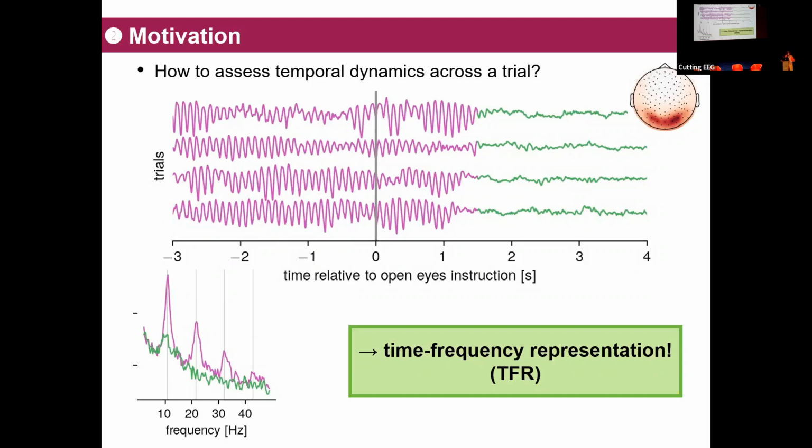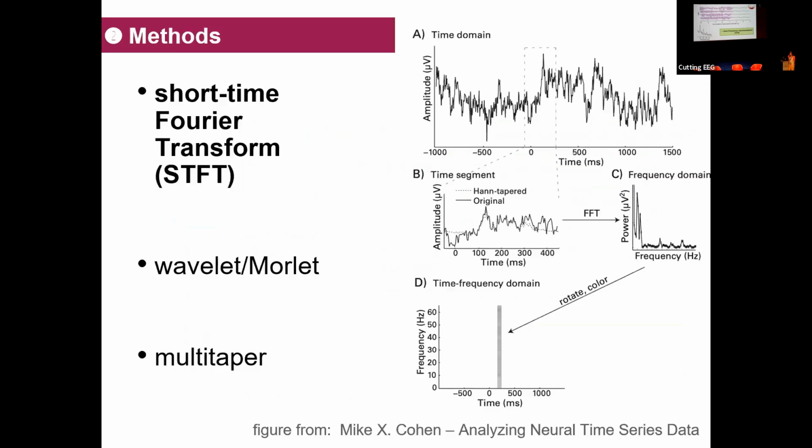Okay, so you can do this with different methods and they give you similar results. First is the short-term Fourier transform. Here's essentially your signal, and you do something very analogous to what you did in the Welch method.